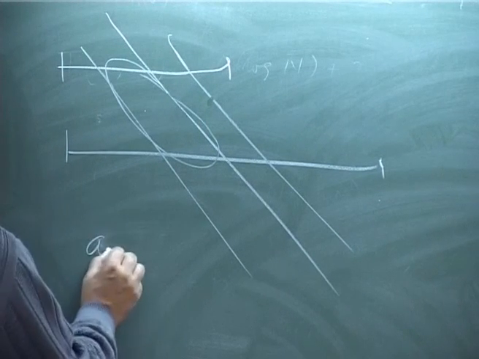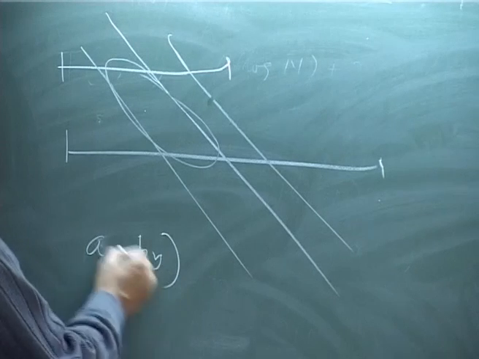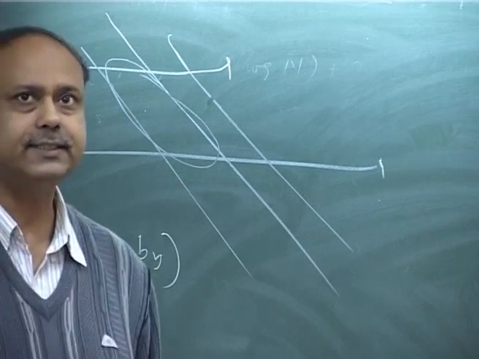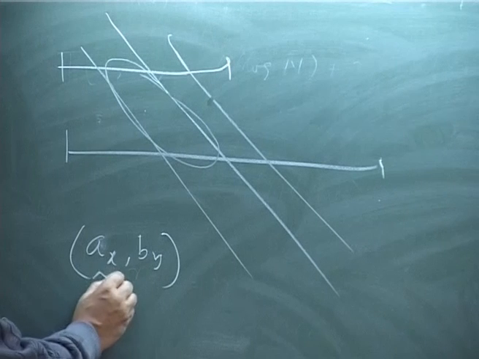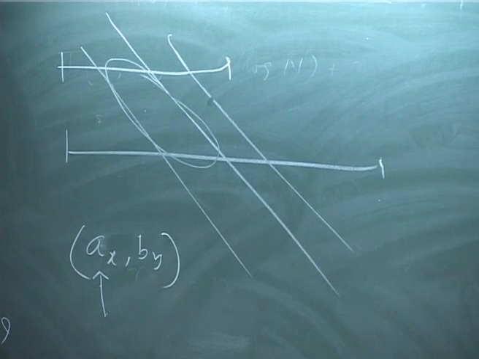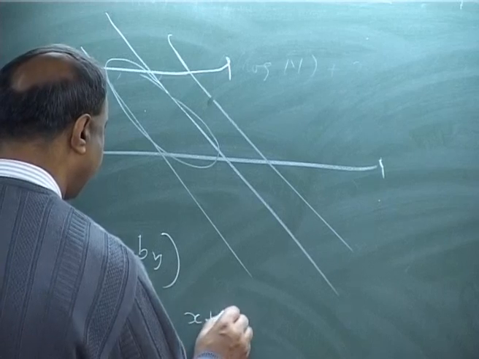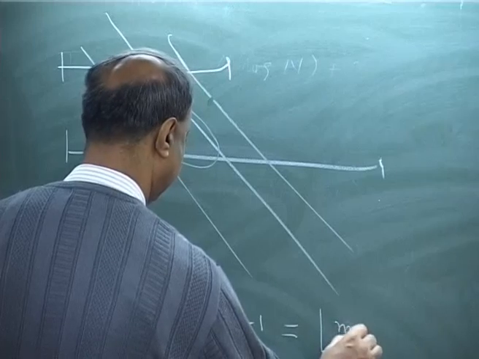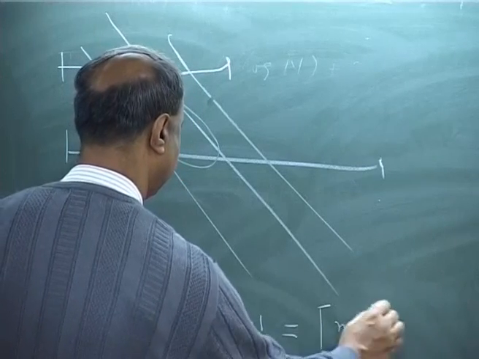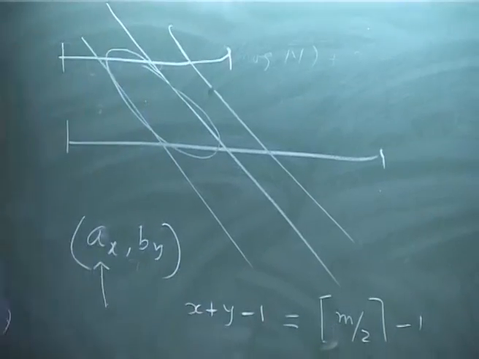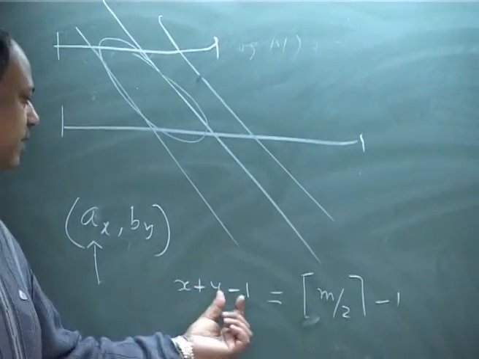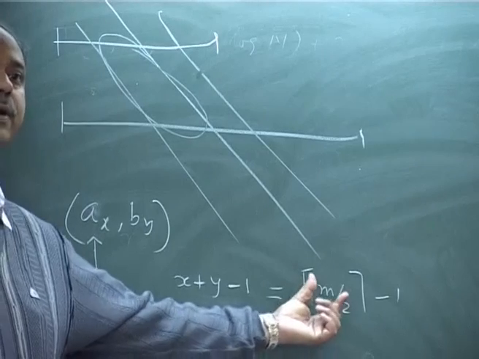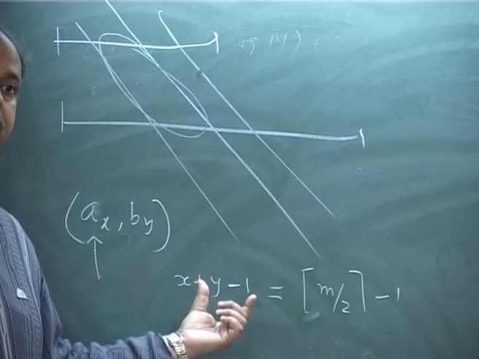Clear? If Ax, By is a median pair, let us assume that this is your median. Suppose Ax is median. Then can I draw this conclusion that x plus y minus 1 is precisely m by 2 minus 1, agree?